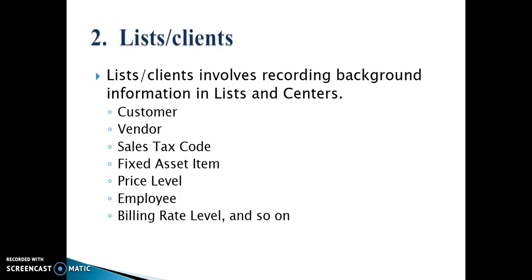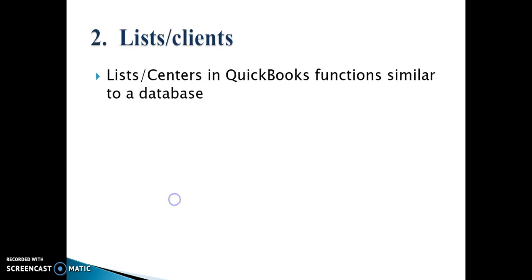All this falls under lists and clients, and it's also information in the list and client center. When we get to customers and vendors, sales tax, we will show you how to use it in QuickBooks in those chapters. So list centers in QuickBooks function similar to a database. QuickBooks really is a database. Most people don't realize it, but it is.